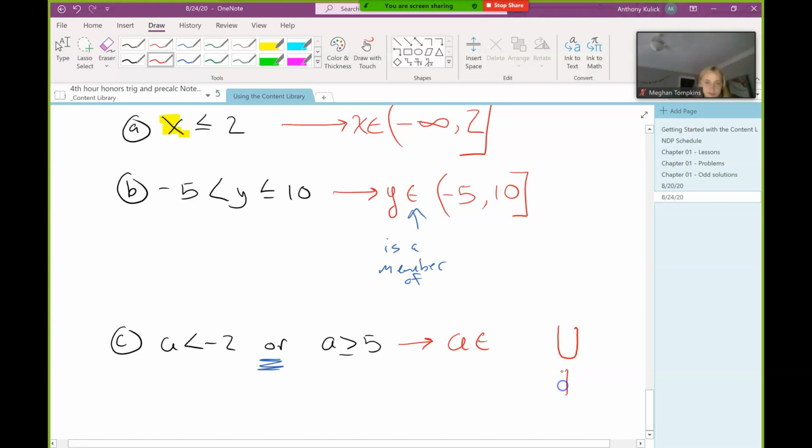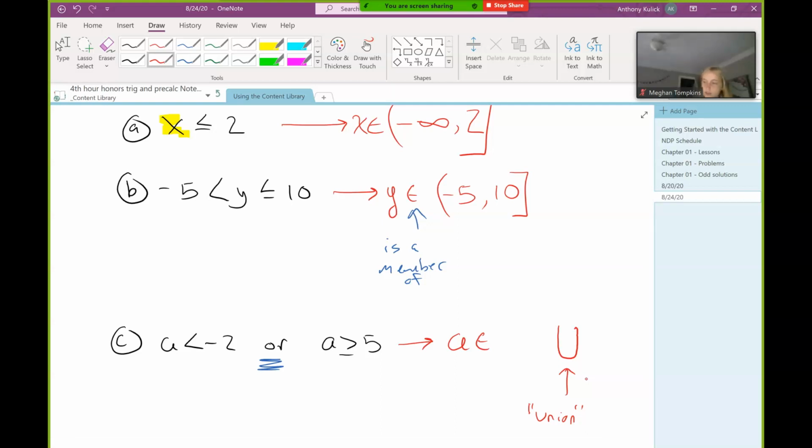The U. This stands for union. And that's basically the set version of the word OR. So A is a member of this interval, or it's a member of this interval. That's what the big U there means. And we don't put a tail on the U's, just FYI. It's like a cup rather than a U.